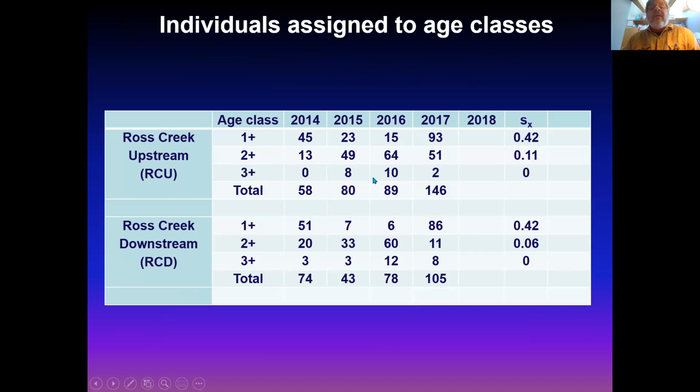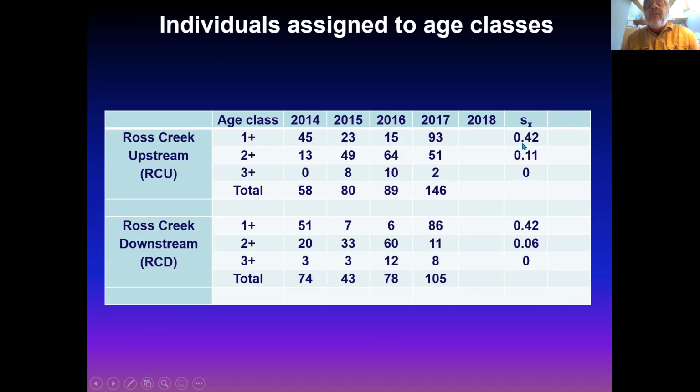And so these represent the numbers of individuals of different ages collected over the period 2014 to 2017. We also had estimates of the survivorship rate, which we had taken from some other data. This is the survival rate for 1 plus.